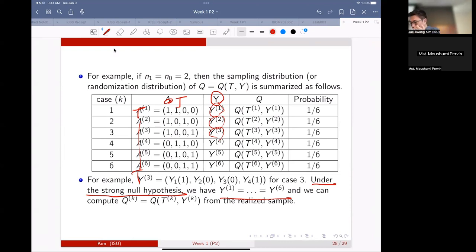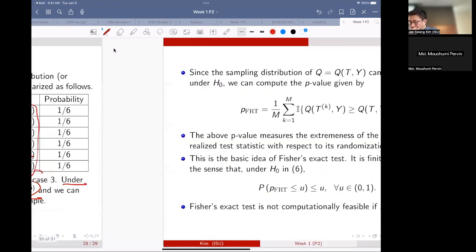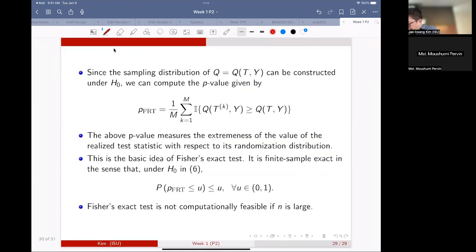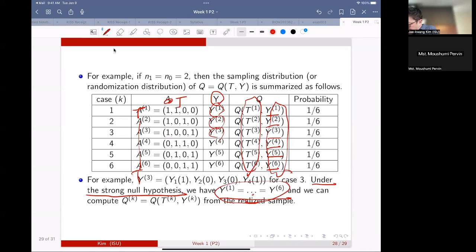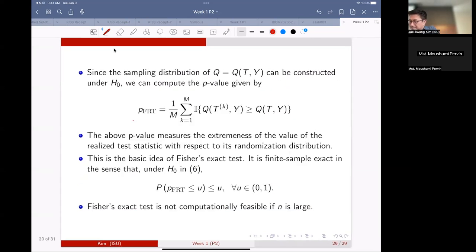So even though this was originally different, this part is no problem, right? You can always create the randomization. The second part is tricky, but under H null you can obtain it. So that means you can compute. You can basically compute from the realized sample and compute the p-value. So that is basically the idea.